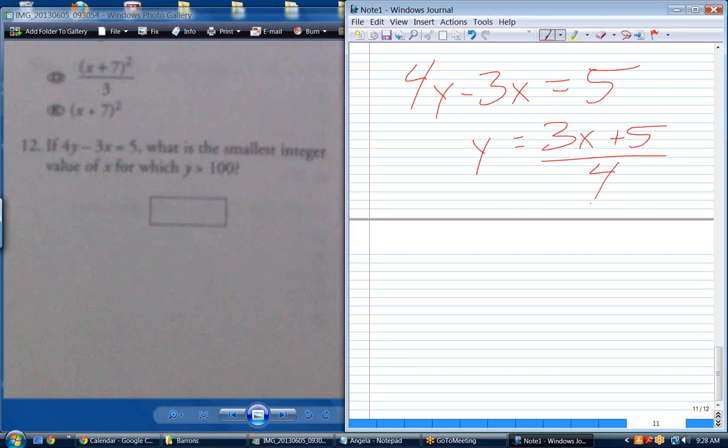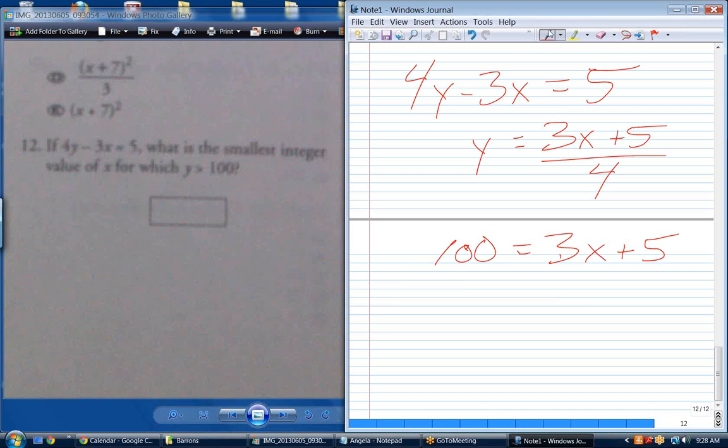Now we're ready. Now we need y to be greater than 100. So I can effectively substitute 100 for y, figure out what x is, and then know that I need x to give me a y greater than 100.